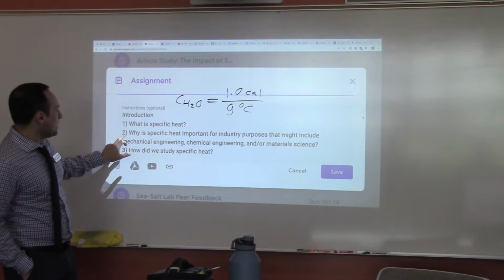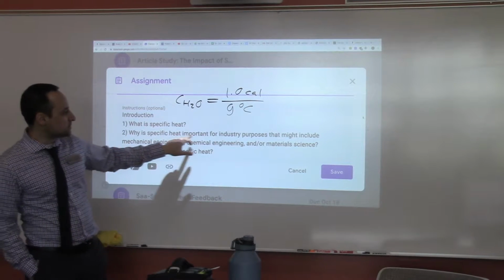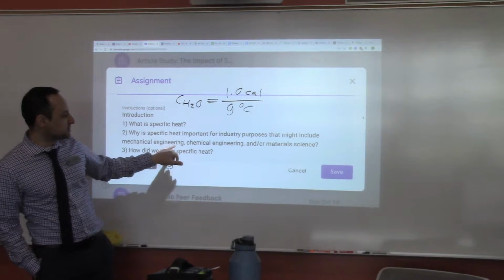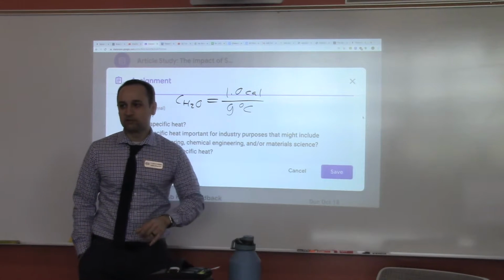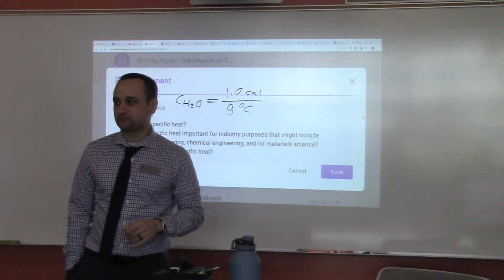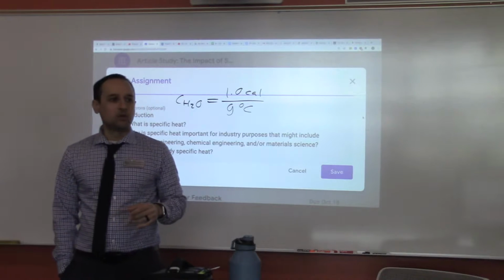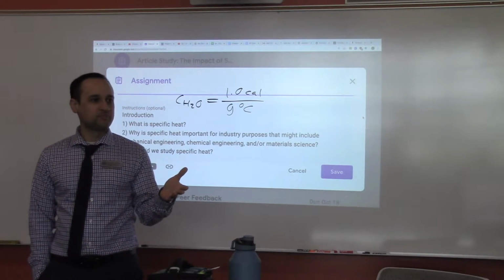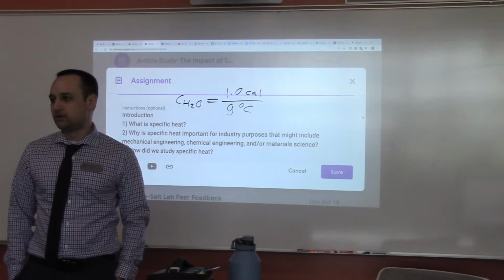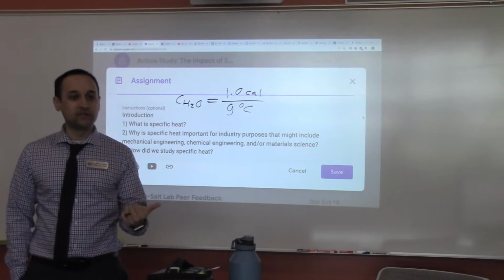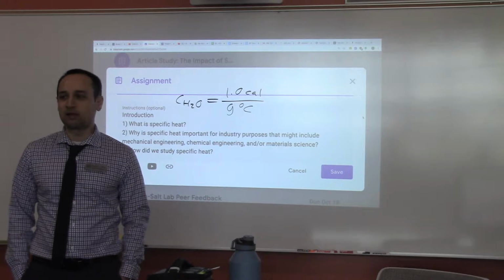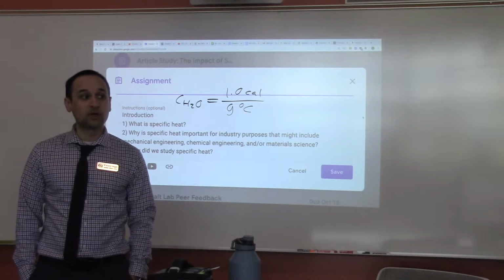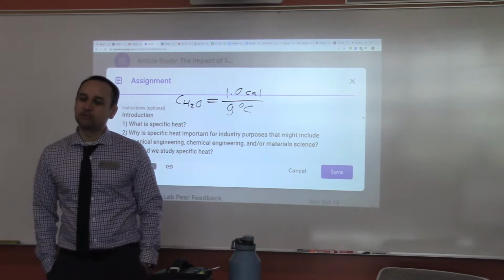So why is specific heat important for industry purposes that might include mechanical engineering, chemical engineering, and or materials science? Okay. So when you're using something like your computer, right? That thing heats up, right? Your computer heats up. What else heats up in your pocket when you're walking around sometimes? Your phone. Okay. So specific heat is really important.